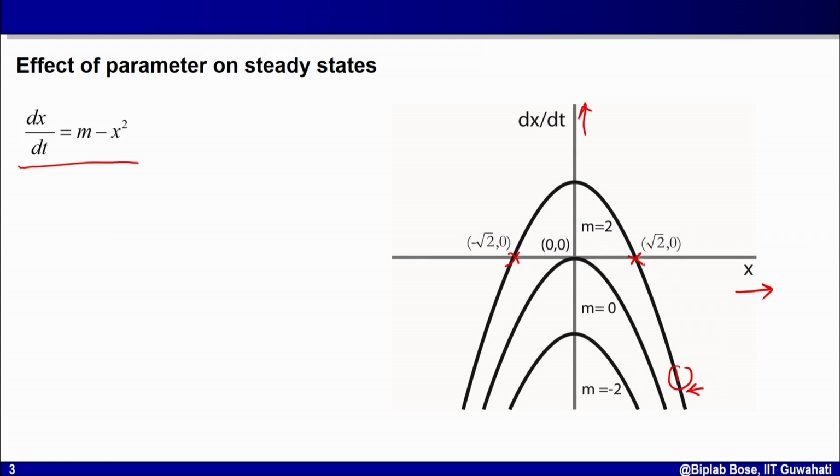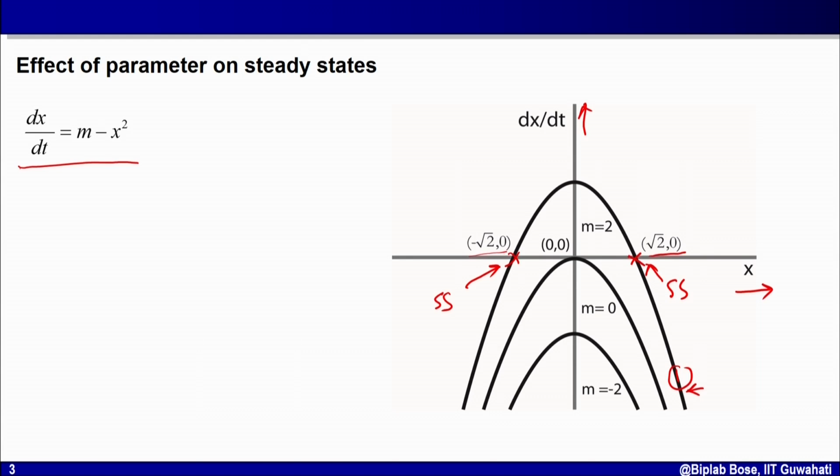That means this is one steady state, and this is also where dx/dt equals 0, so this is another steady state. This is a very easy way to identify the steady states in the dx/dt versus x plane. So I have two steady states. I have considered m equal to 2, so this first steady state is square root of 2 and 0, and the other one is minus square root of 2 and 0.